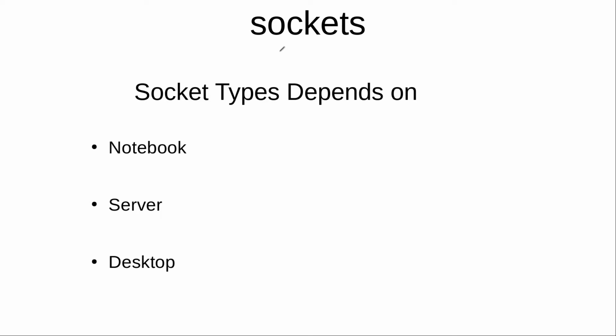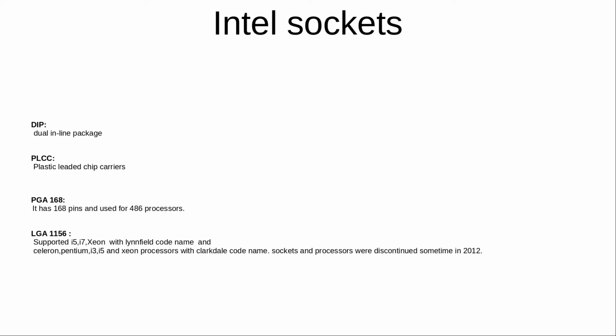Sockets. Socket types depend on notebook, server, desktop. Intel sockets: DIP, dual in-line package; PLCC, plastic leaded chip carriers; PGA 168. It has 168 pins and is used for 486 processors.